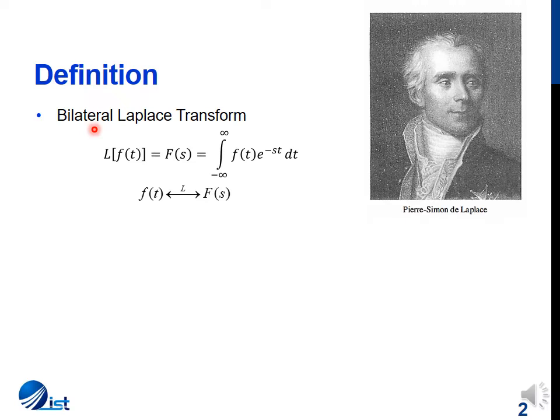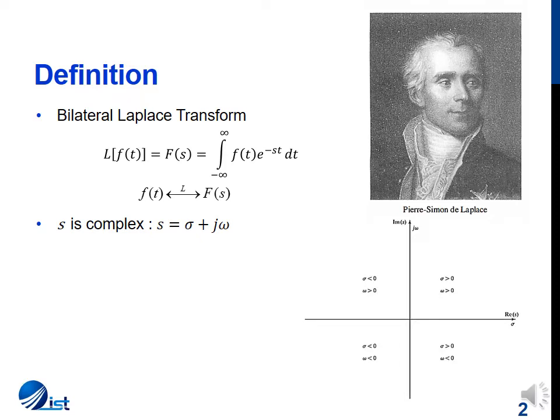So what Laplace transform does is that it changes a time domain function into an S-domain function. But what is S-domain? Well, we'll see that s is a complex variable. It has a real part, which is sigma, and it has an imaginary part, which is j omega. So since it is a complex variable, it can be represented by a two-dimensional plane, which is an S-plane.